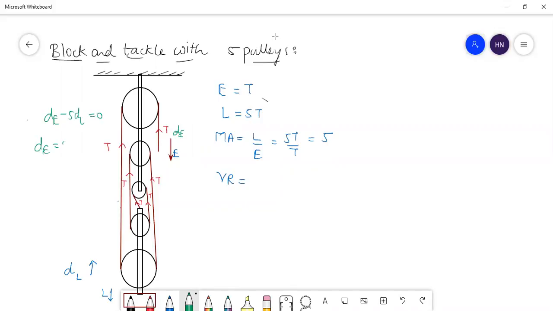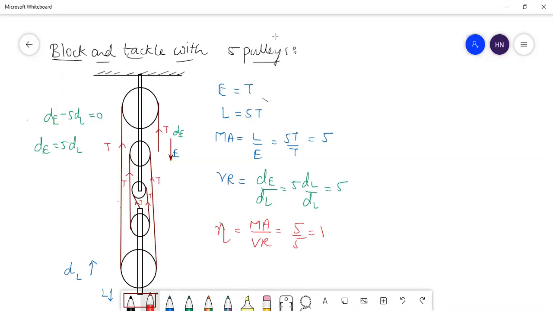Therefore, de you will get as 5 times dl. If I put the formula as de by dl, in that you can substitute 5 dl by dl, which will be again 5. So we got the velocity ratio also the same. And finally, if I calculate efficiency, mechanical advantage by velocity ratio, 5 by 5, that is equal to 1.